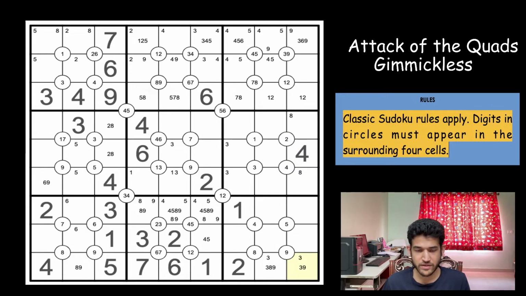This is 3 or 9. 1 for this quad has to be here now, and that resolves this 1, 2 pair. So that is 1, that is 2. And that gives 2 for this quad, giving the 8 as well, and that resolves this 2, 8 pair. So this is 8, this is 2. The 8 in row 5 has to be here because of these 8s.